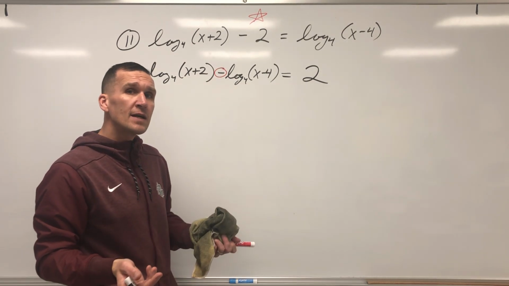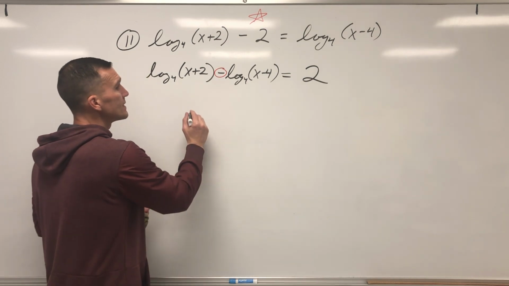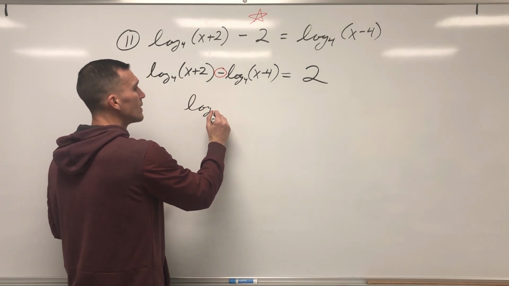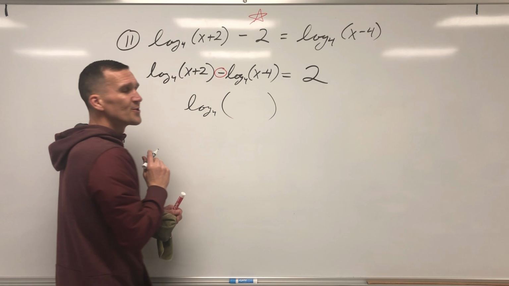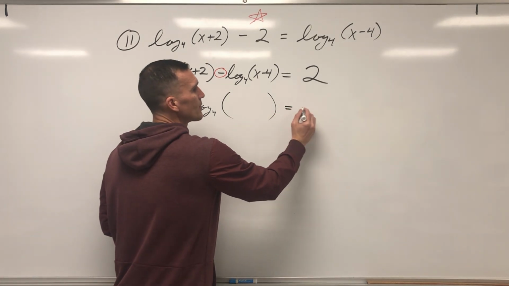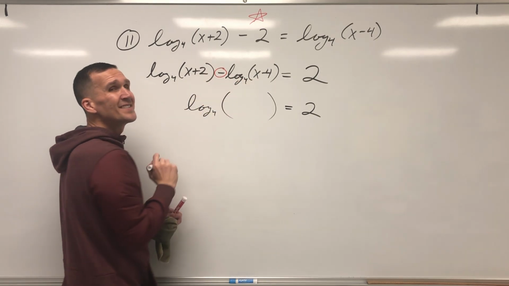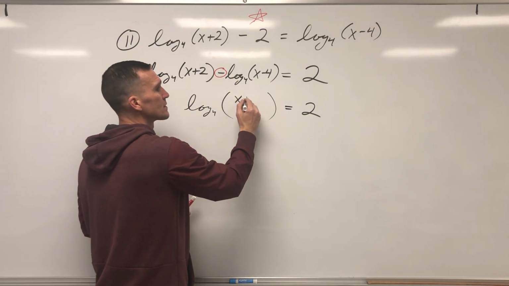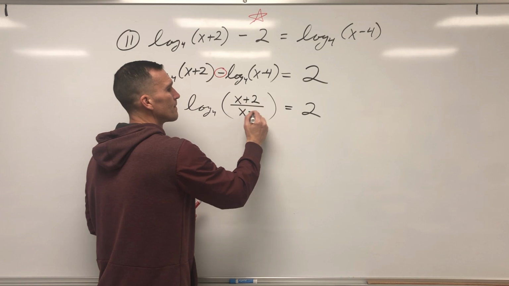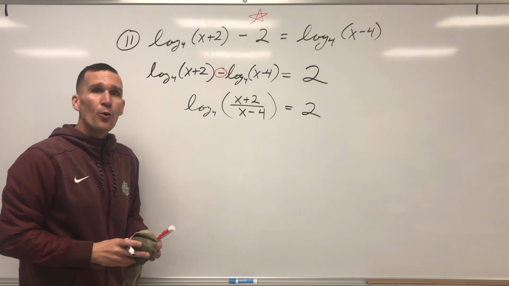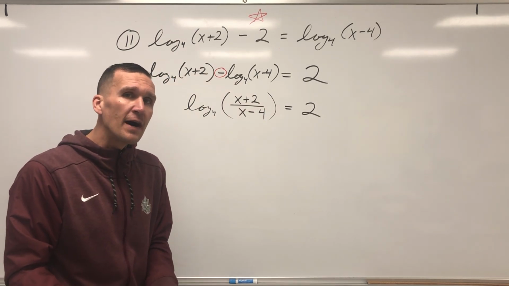If there's a minus sign between 2 logs, you can write a single logarithm as long as you know what to do with their arguments, and that would equal 2. Well, when there's a minus, you're supposed to divide those arguments.